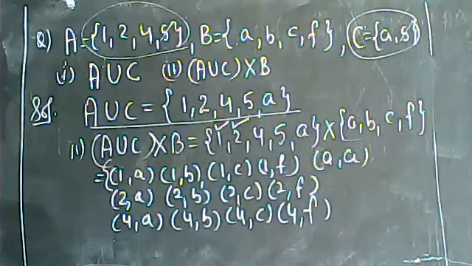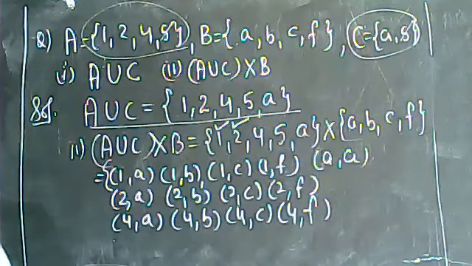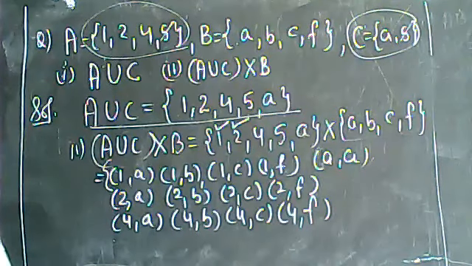So Cartesian product means the collection of ordered pairs. The pairs may be same, they may be different. The condition is only one, that they must be ordered pairs.